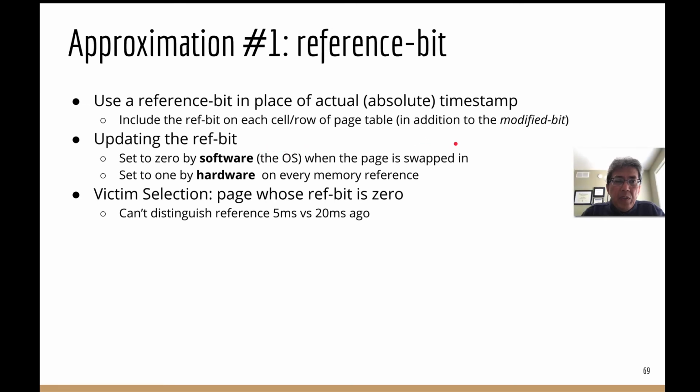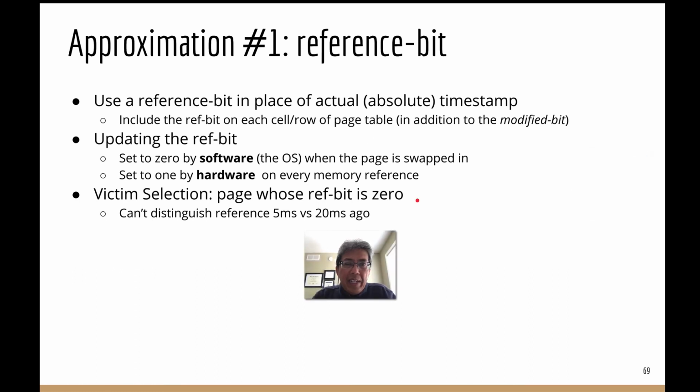At page fault interrupt handling, the operating system will look for pages with R bit equal to 0. Why? Because when a page is never referenced, the R bit will stay 0. But the disadvantage of this technique is that we cannot distinguish whether a page was referenced 5 milliseconds ago or 20 milliseconds ago.